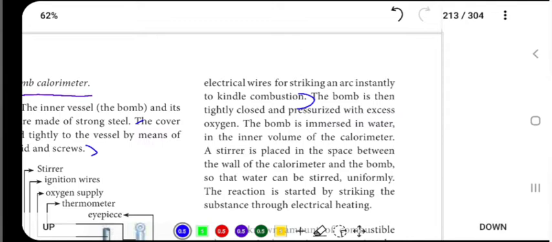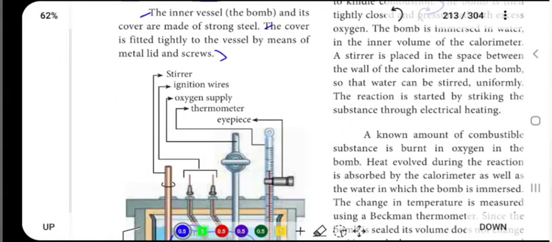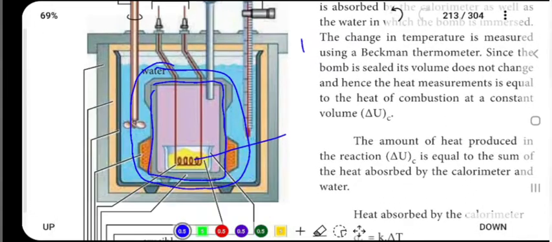Kindle combustion means to take the fire quickly. So the burning is done by the electrical wires. See here, these are the electrical wires. When that electrical wire is connected to the current, you will get the spark.